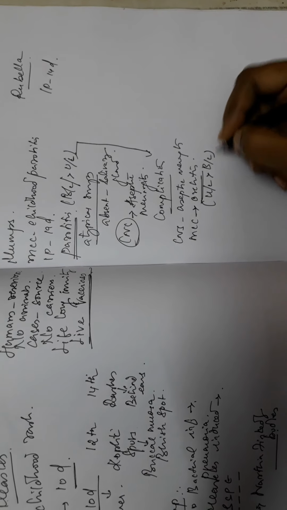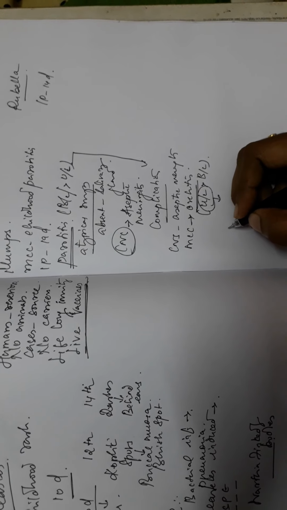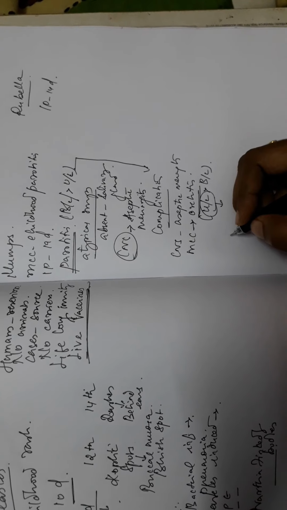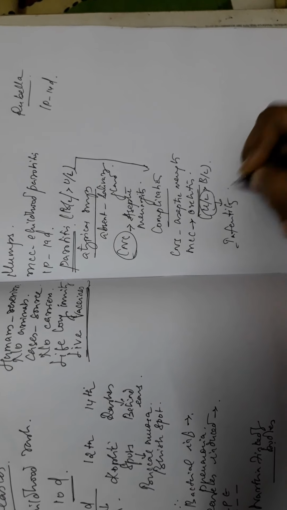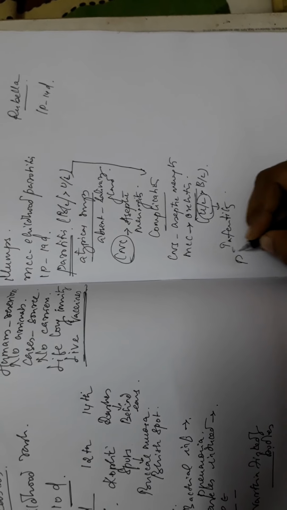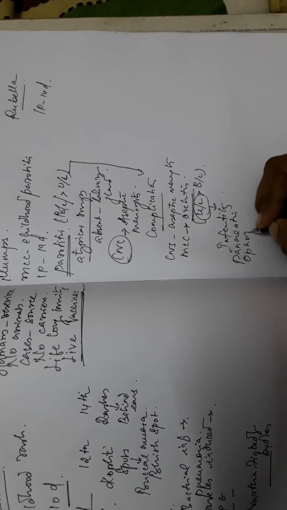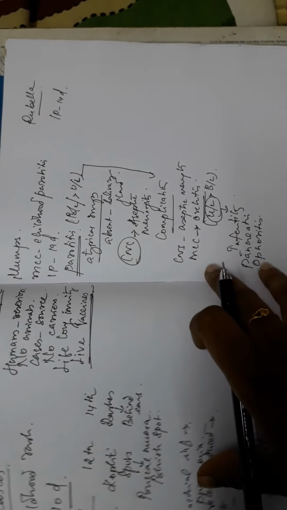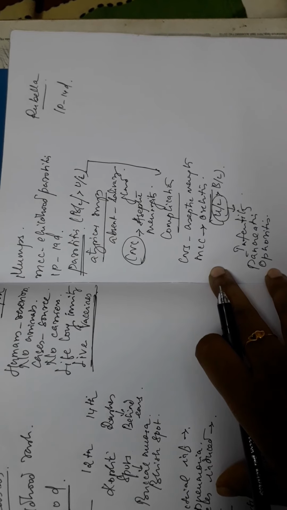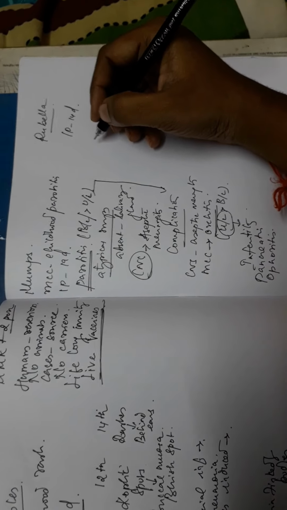Rarely it is bilateral. As it is usually unilateral, there will be a rare chance of developing infertility. Other complications will be pancreatitis and oophoritis. These are the clinical manifestations and complications of mumps. Next is rubella.